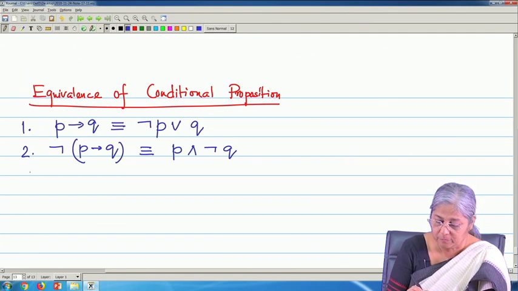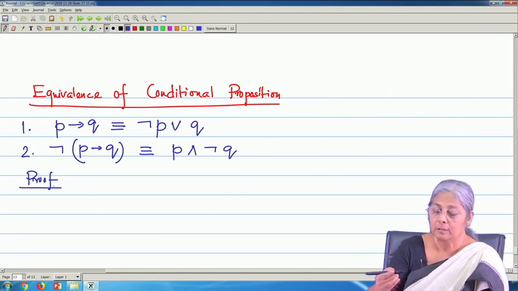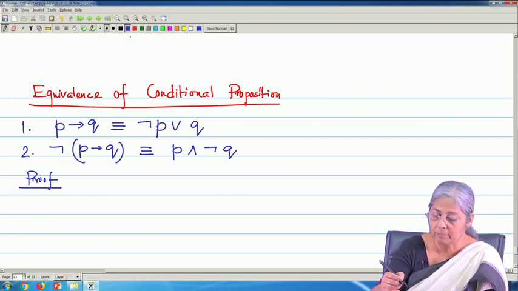If we try to prove it, we always do so by making the truth table.